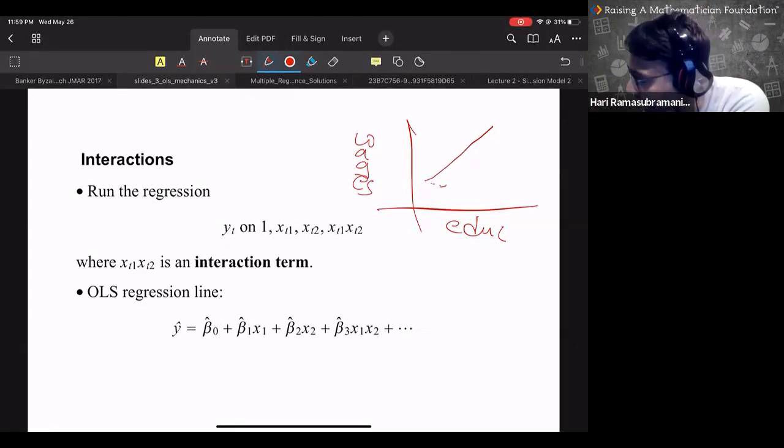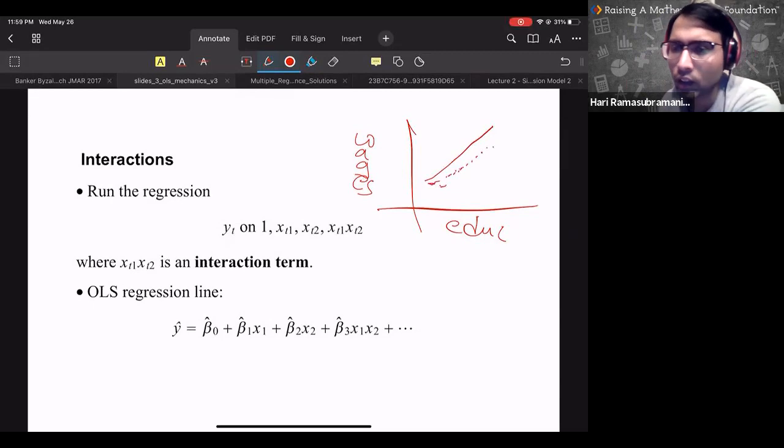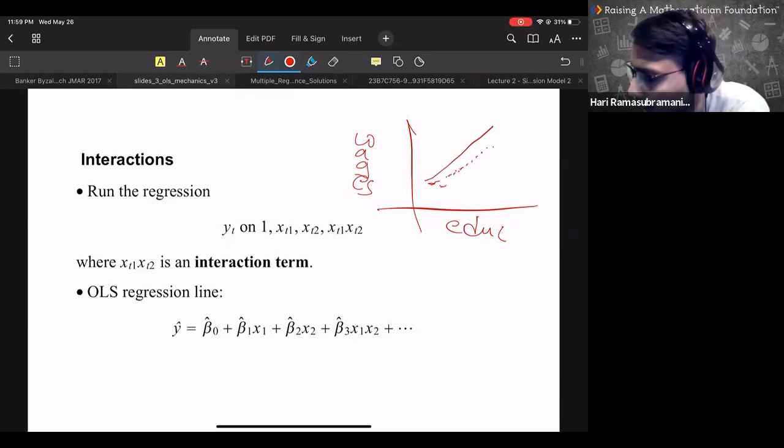Maybe it starts at the same point, but with females, it's slightly lower for whatever reasons. Then you may want to allow for different slopes for males and females. So you may want to interact the indicator variable for male or female by multiplying it with the education.